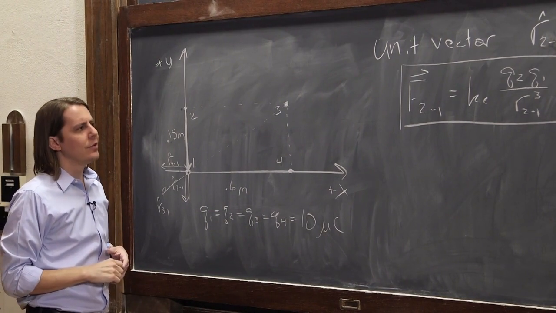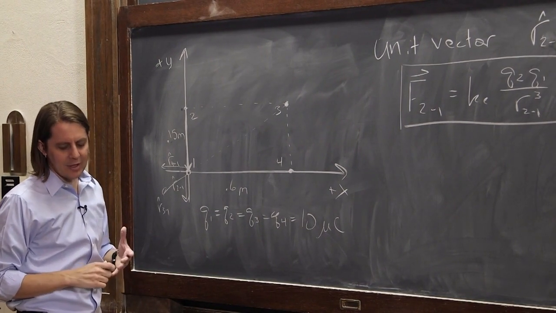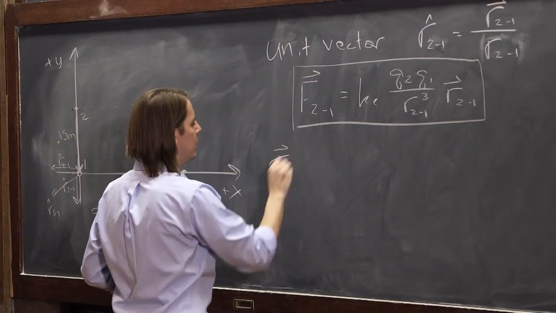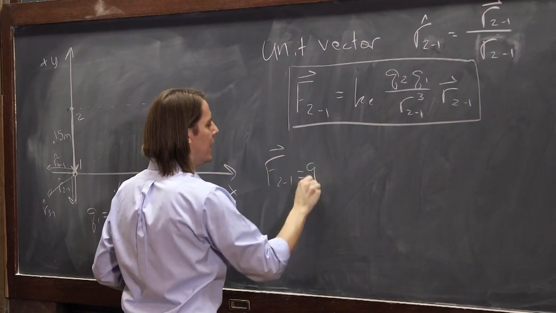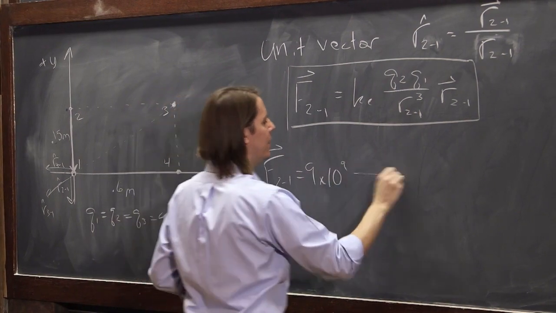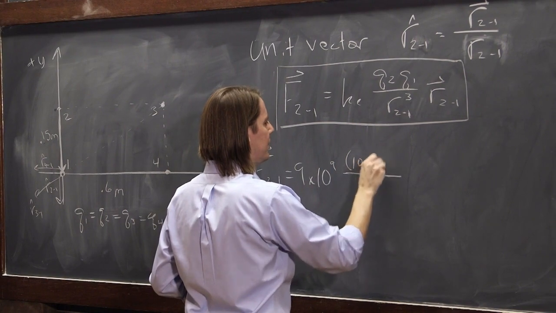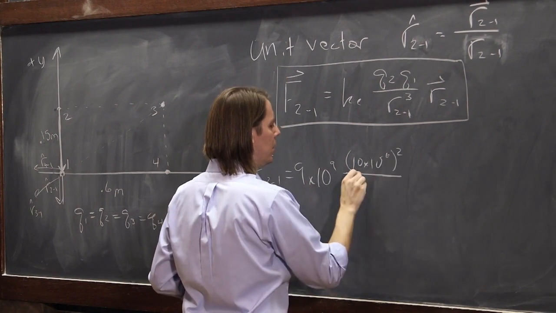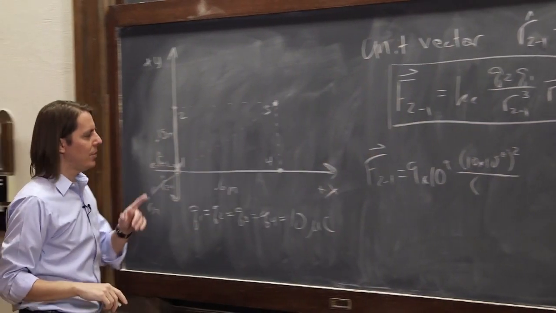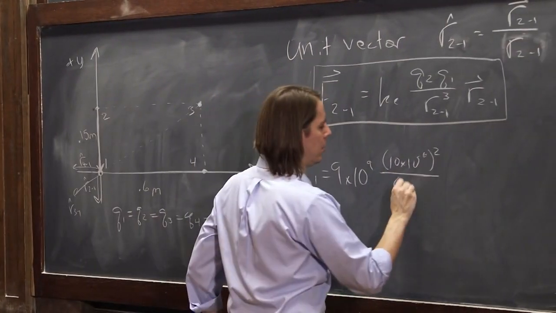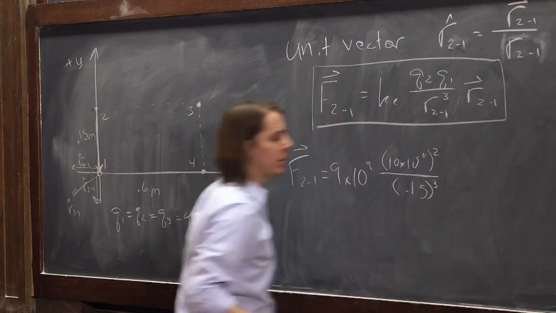So let's use it a few times, and let's see if it actually does anything for us. Let's write F21 is 9 times 10 to the 9, again all MKS units, times 10 times 10 to the minus 6 squared over the separation cubed, which is 0.15 cubed.